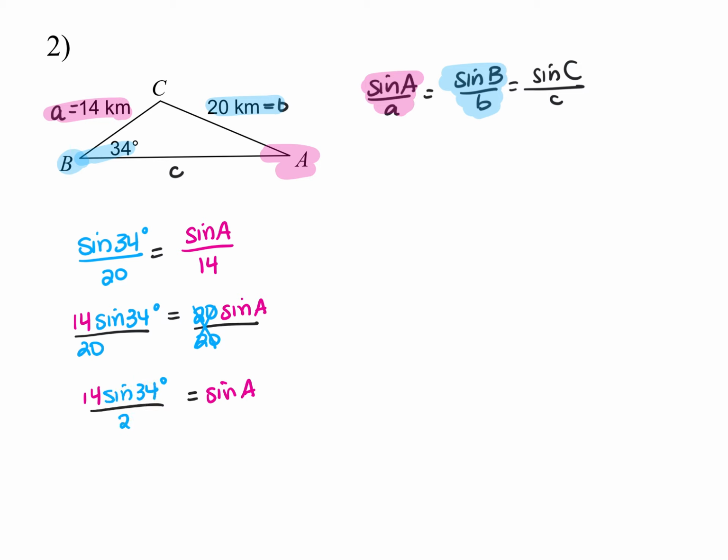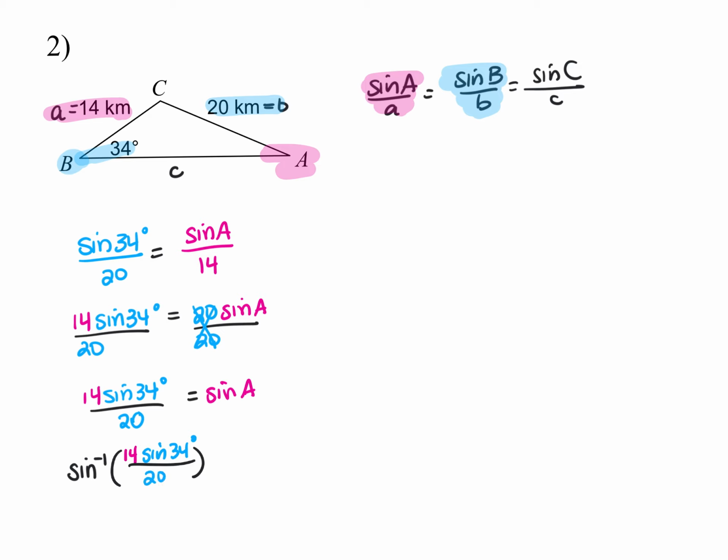So remembering that we are solving for an angle here, we have to undo sine. Remember, how we undo sine is by taking the inverse sine of both sides. So I'm going to have the inverse sine of that whole expression, 14 times the sine of 34 over 20.